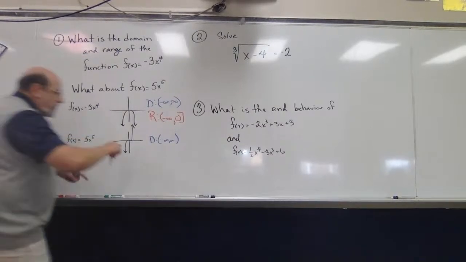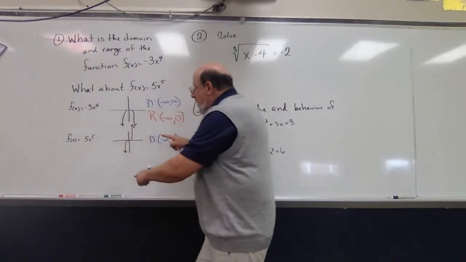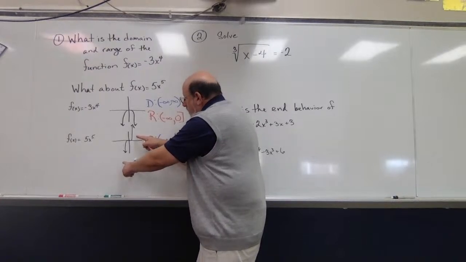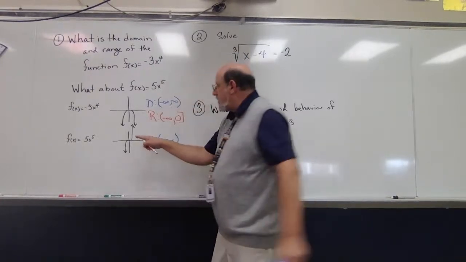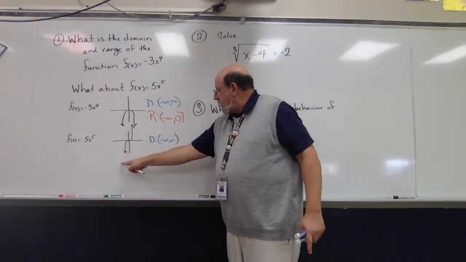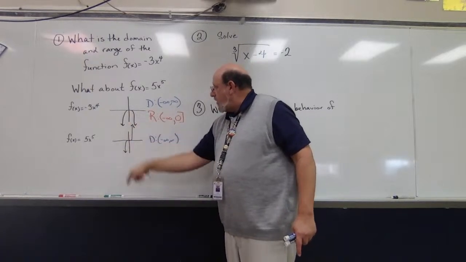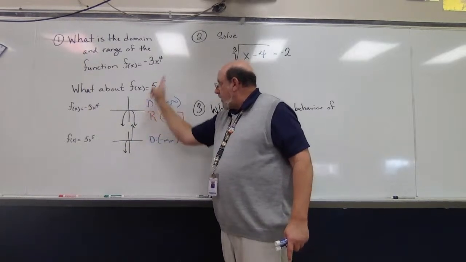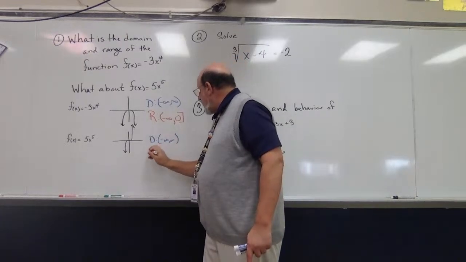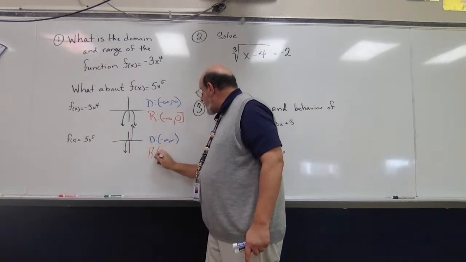Now we'll look at the range of this guy. Sorry about my back there. Again, this goes down infinitely, and then on the right side goes up infinitely. So the range looks just like the domain.